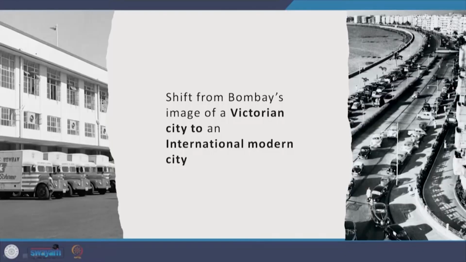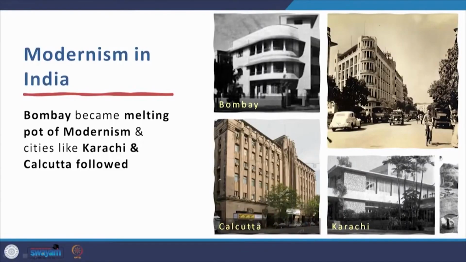There was a shift from Bombay's image of a Victorian city to an international modern city. And talking about modernism in India, Bombay, which we now call Mumbai, became the melting pot of modernism, and cities like Karachi and Kolkata followed because they were part of the British Raj at the time.